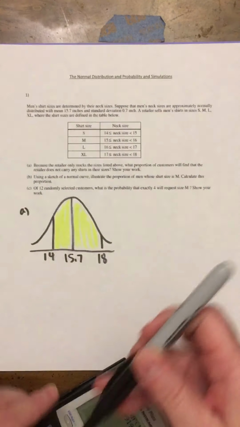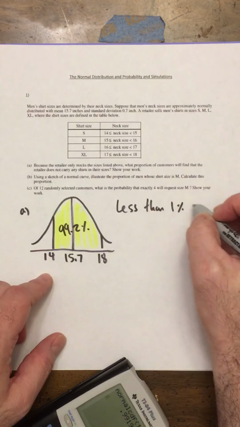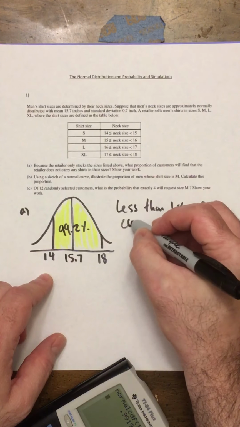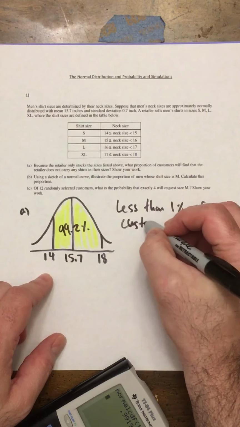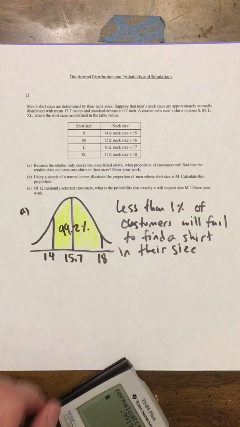So the area in here, I didn't represent it well, this is really much wider, is practically 99.2%, which means less than 1% of customers will fail to find a shirt in their size. Okay? That's how you would work that out.